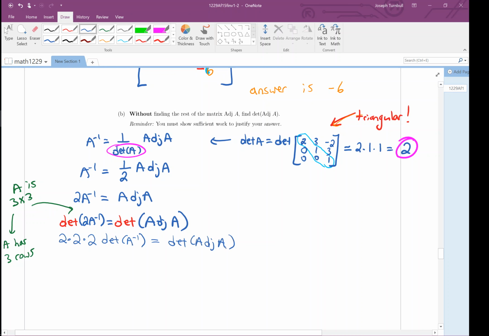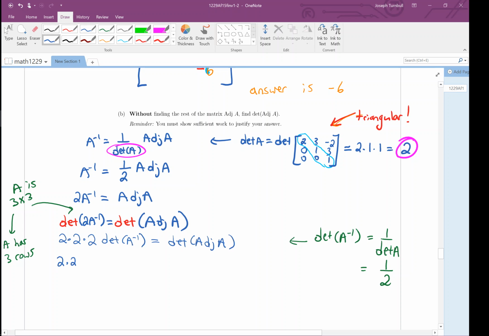Now we need another property. That the determinant of A inverse is 1 over the determinant of A. But we found that the determinant of A is 2, so it's 1 over 2. Now we can plug that in.